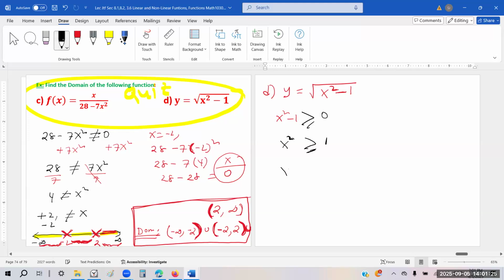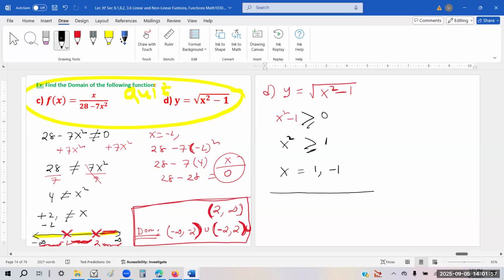Now you have a problem. When it is the square root, you cannot solve the inequality that way; it's not always true. You can say x squared equals 1, which makes sense, but you cannot simply say greater than. x equals positive 1 and negative 1, that's true.